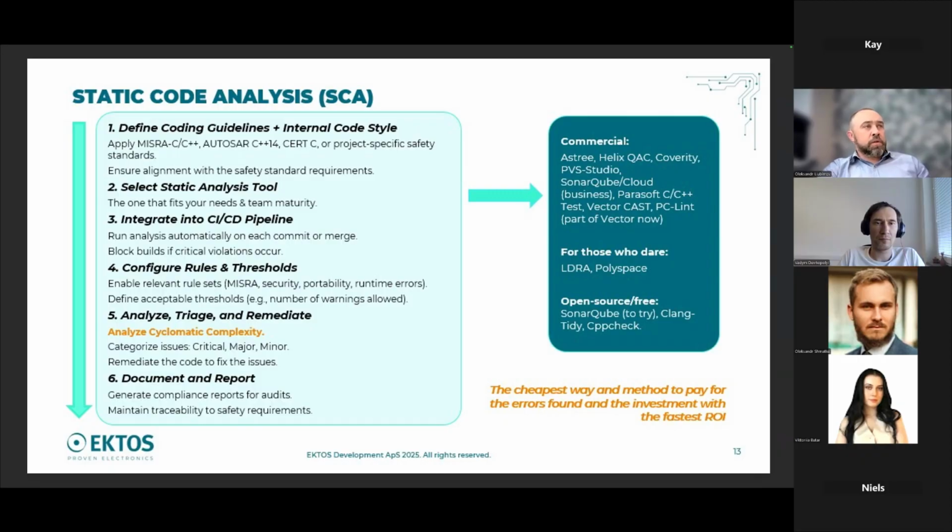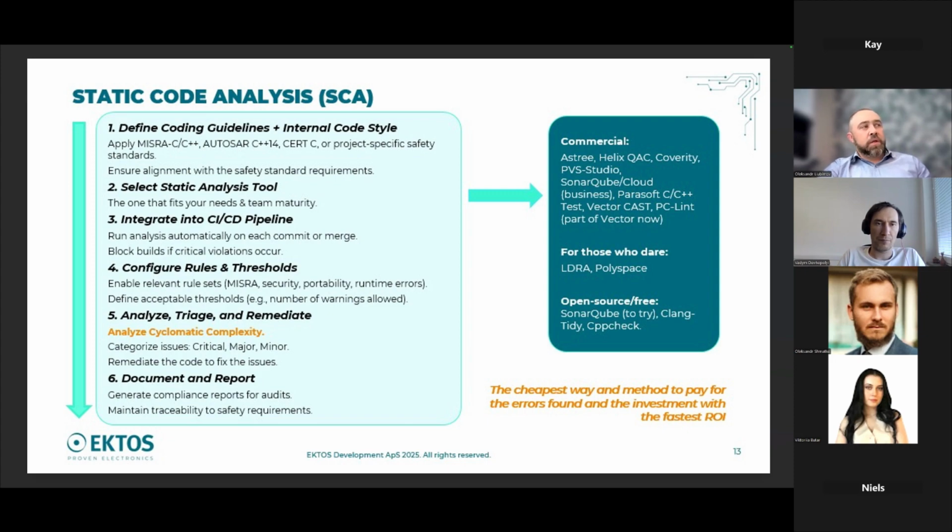Here, it's super important to understand that code analysis also requires a specific process. Our suggestion on how to build the process is done in a numerical, top to bottom manner. You define your coding guidelines and internal code style, because you can take it from application specific standards or whatnot.